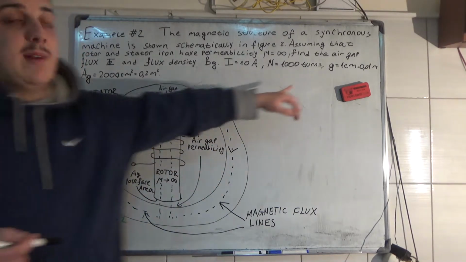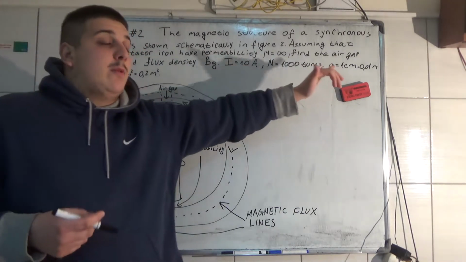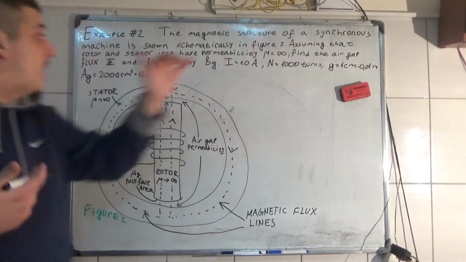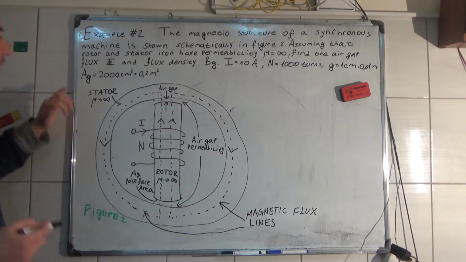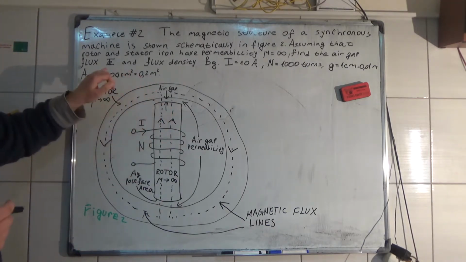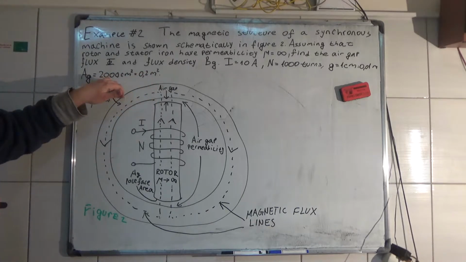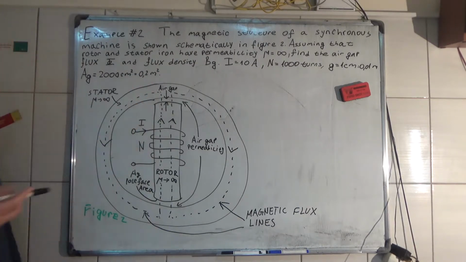The air gap length, small g, is equal to 1 centimeter, which is 0.01 meters, and the area of the air gap of one pole is 2000 centimeters squared, which is 0.2 meters squared.